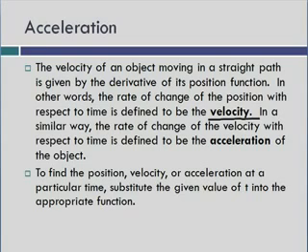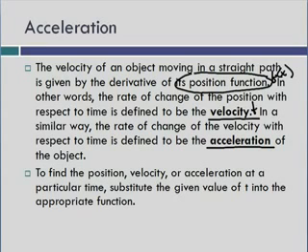And then if we look at the rate of change of the velocity function, then we're looking at the acceleration of the object. So the position function is like your original function, so that would be f of x.